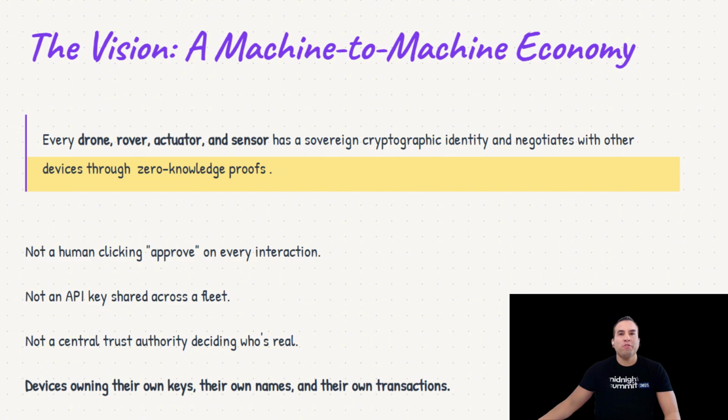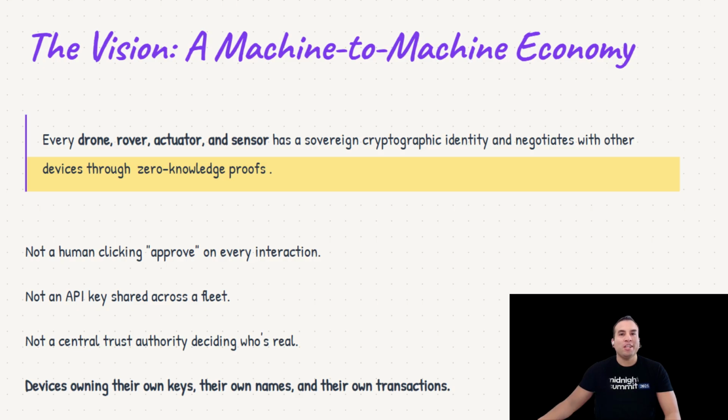Here's the vision for the future. Every drone, rover, actuator, and sensor has a sovereign cryptographic identity and negotiates with other devices through zero-knowledge proof. What that means and what it doesn't. It's not a human clicking approve on every interaction. It's not an API key shared across a fleet of 10,000 devices.